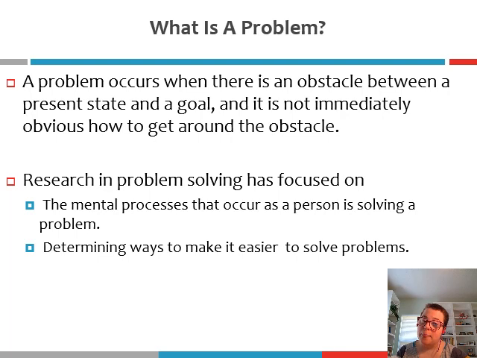And the second one is very similar to research in the field of learning and memory, where psychologists work with textbook companies and teachers and professors to optimize their instruction. Psychologists specializing in problem solving often attempt to come up with interventions or strategies people can use to make problem solving easier and more effective. So that's what we're going to focus on today: what are the underlying cognitions associated with problem solving, and how do we optimize problem solving?